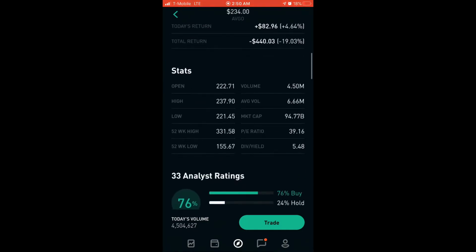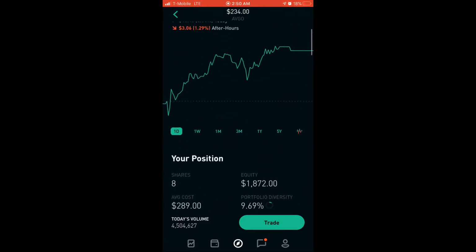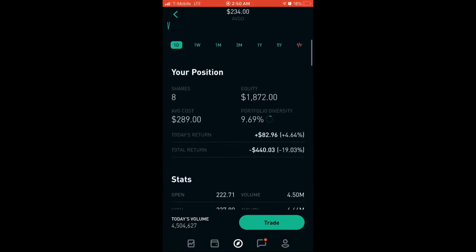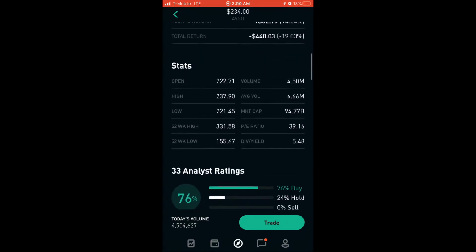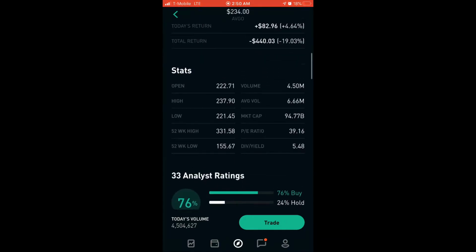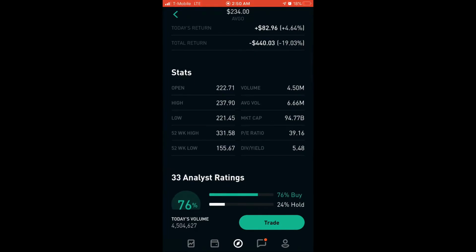The PE ratio here, you want to get a company with a low PE ratio compared to its growth. In the case of AVGO, they have a very high growth. Because of that very high growth, it's okay that they have this PE ratio at 39, because you want to look at the forward PE ratio of the company.